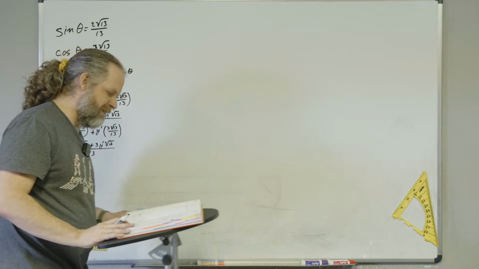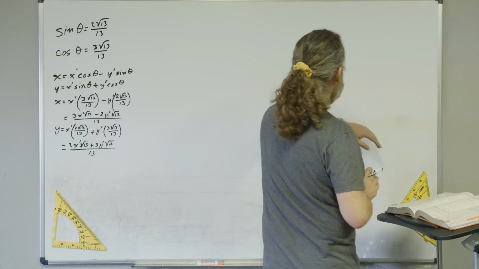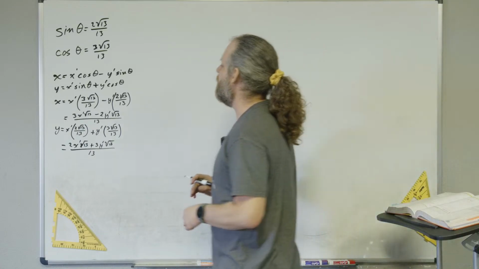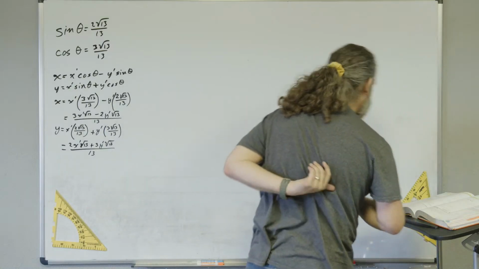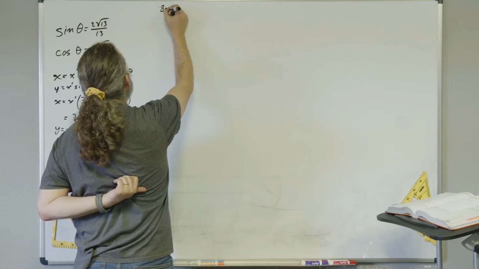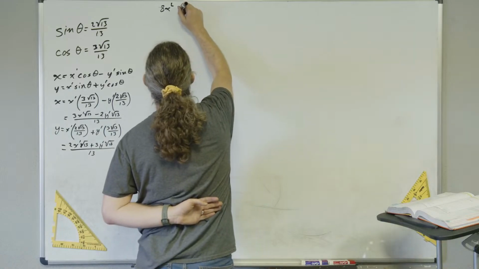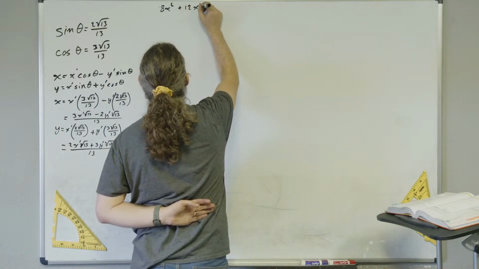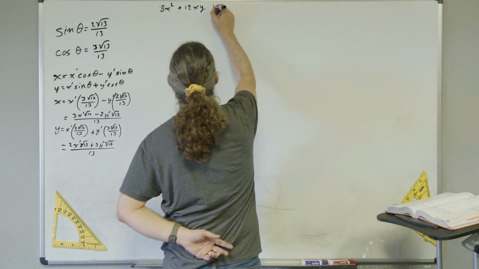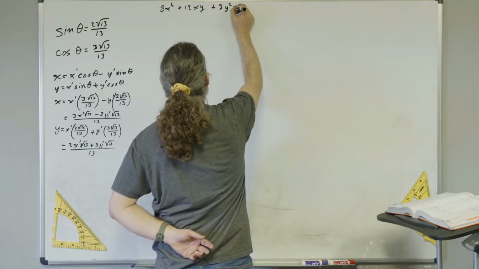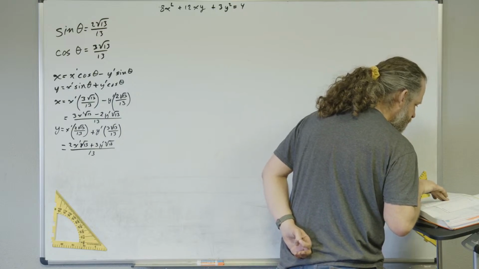So it seems like we're rocking and rolling so far. Up over here is where we clearly made a mistake, because the x prime y prime term didn't disappear. Our original equation is 8x squared plus 12xy plus 3y squared equals 4.